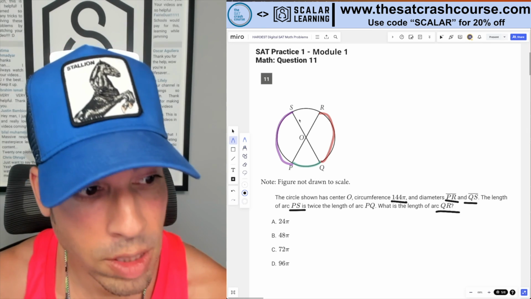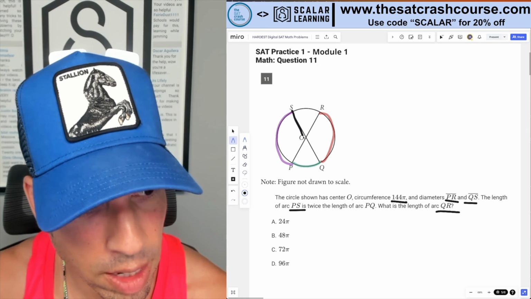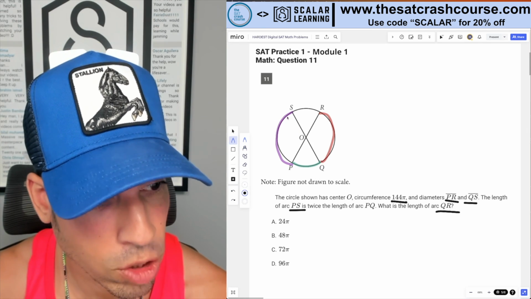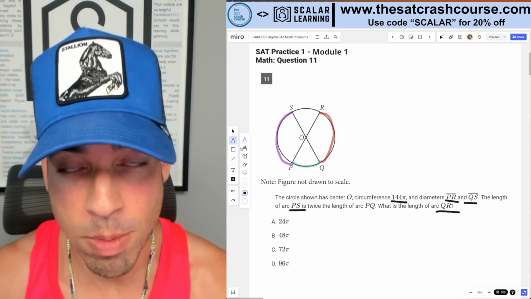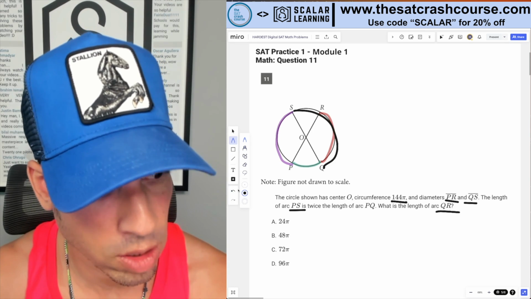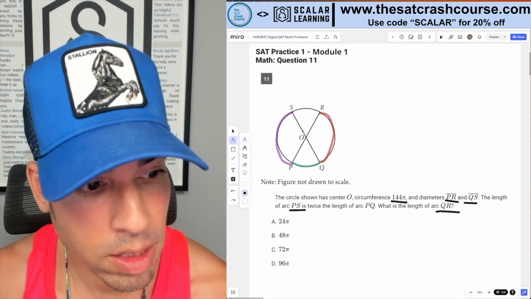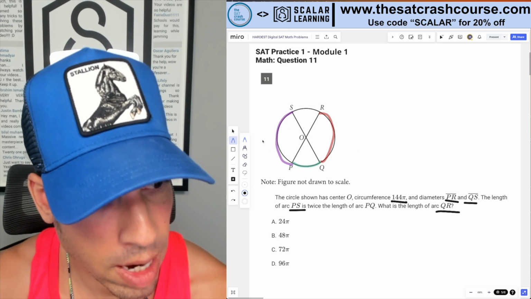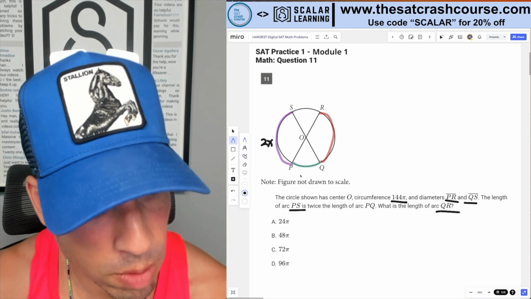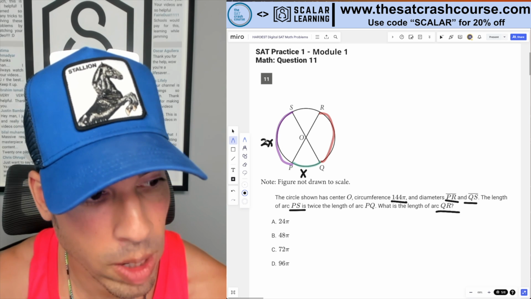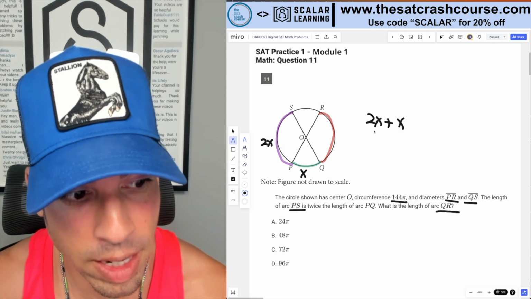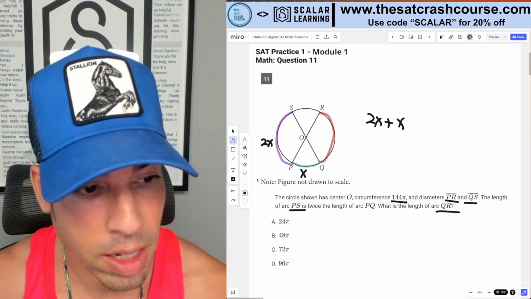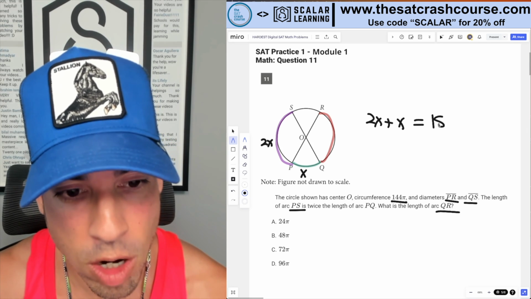So since these are diameters, the things that we know is that they cut this circle right in half, right? So what that means is this is 180 degrees. I'm talking about arc measure, and so is this, right? So since I know that PS is double whatever PQ is, if that's x and 2x, if we're just talking about arc measure, I can say the two of them together, since they're cut out by a diameter, are going to equal 180 degrees.